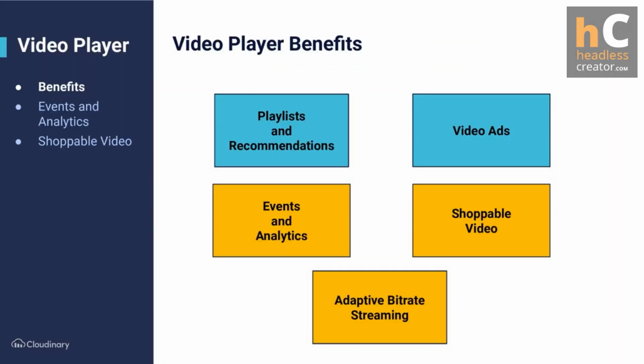When you're working with a player, you have the ability to create things like playlists, recommendations, things that you would normally see on places like YouTube, Vimeo, and so on. You can do video ads even, but for today, I just wanted to show you how you can capture different analytics and a concept of shoppable video, right?